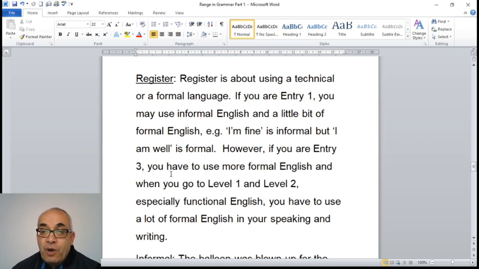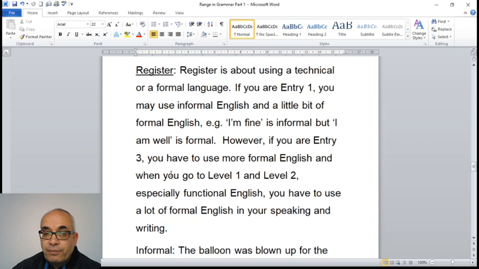However, if you are entry 3, you have to use more formal English. And when you go to level 1 and level 2, especially functional English, you have to use a lot of formal English in your speaking and writing.